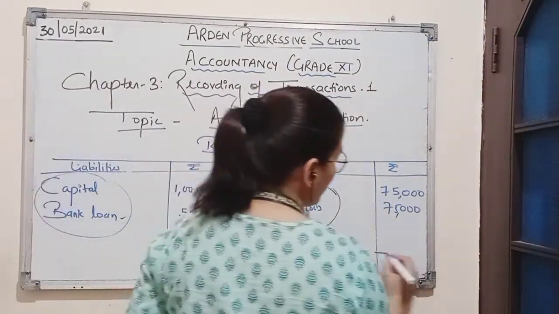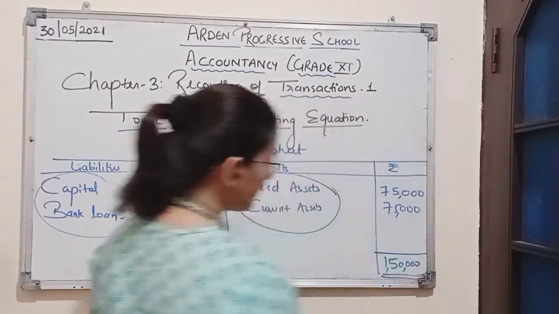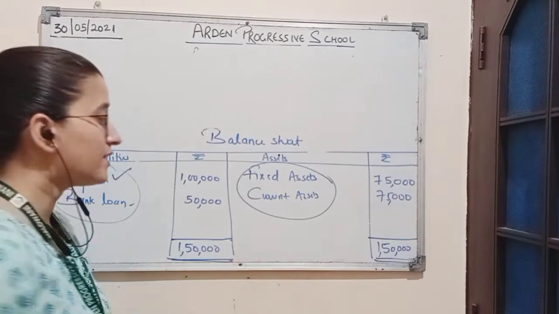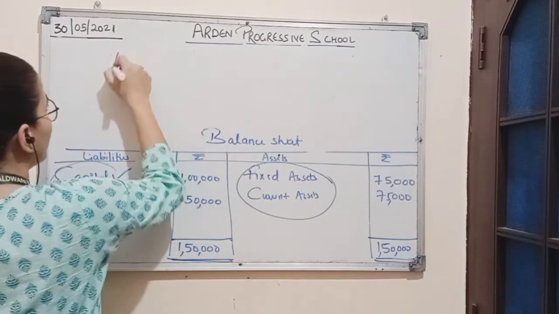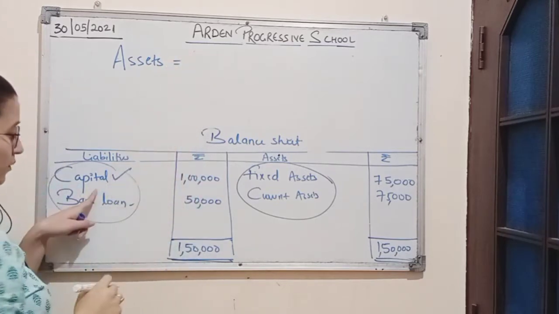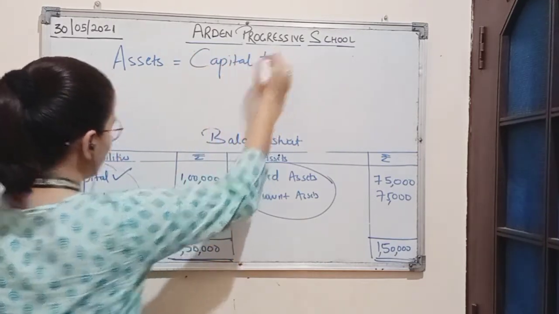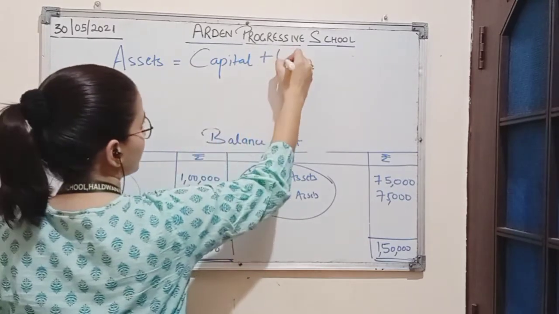So the total of the asset side is 1,50,000. By this we can conclude that assets is equal to capital plus liabilities.